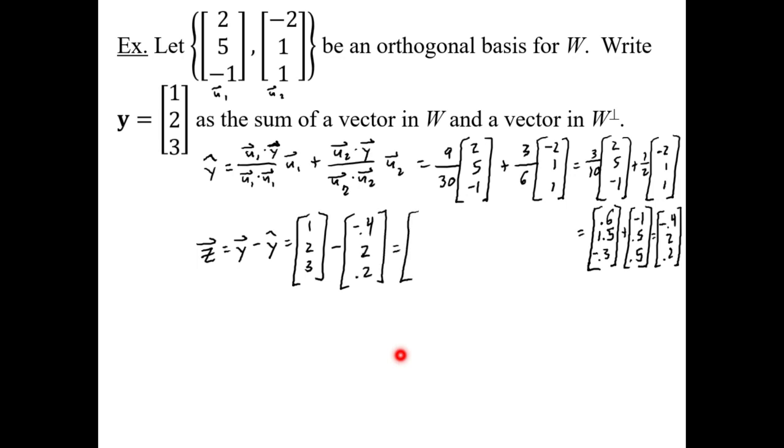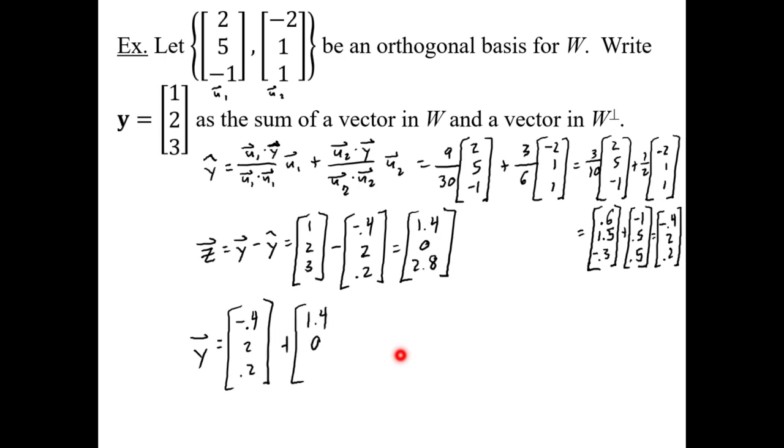If I do the subtraction, I'm getting 1.4, 0, and 2.8. So finally, my vector y can be written as y hat plus z, 1.4, 0, 2.8. Okay, so there's our projection of y onto W.